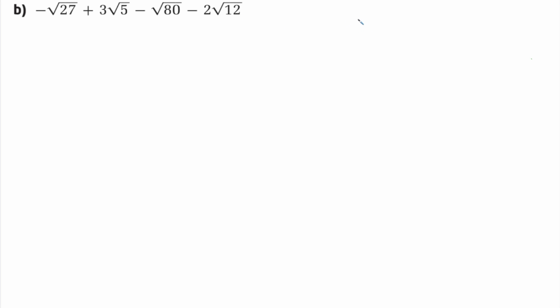Let's look at the negative square root of 27. I'll bring the minus sign. If I start thinking about 27 in terms of factors, 27 is going to be 9 times 3. And 9 is a perfect square, so I would probably stop here. You could go 3 times 3 times 3 if you wanted to, but I would likely seize onto that 9.